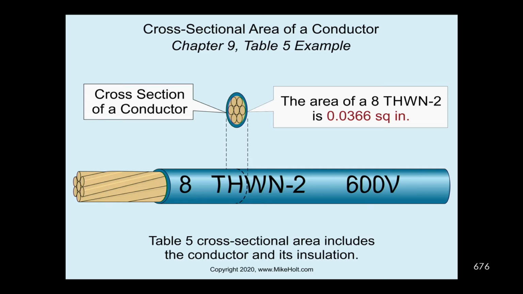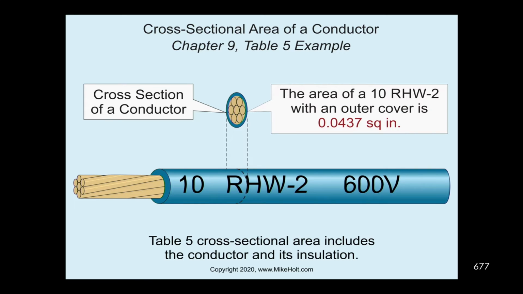I can see that down at the bottom of page 721. We're going to look at a number 8, and I go over to my approximate area in square inches, and that's 0.0366. Sure enough, that's consistent with the graphic there, so we're probably barking up the right tree. That includes the insulation that's on there, right? Not just the size of the conductors.